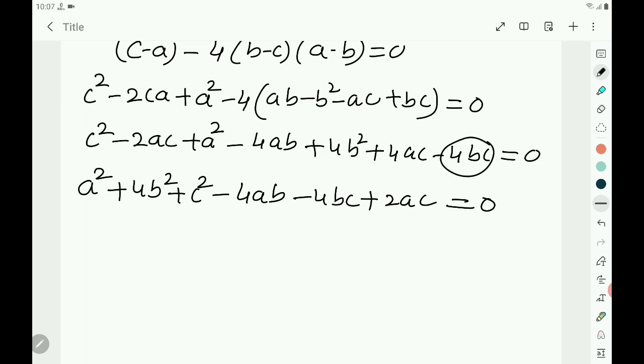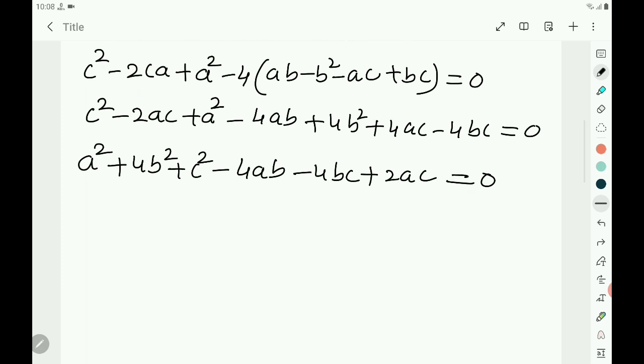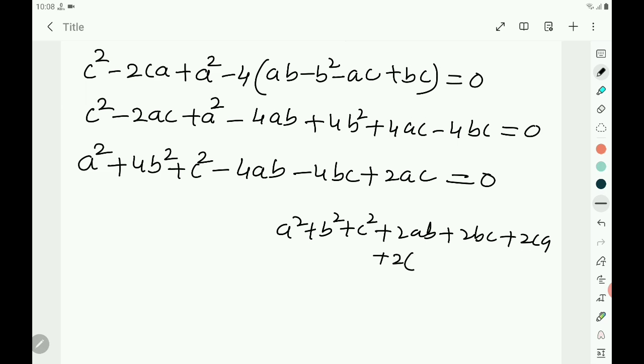Now you got the form a square plus b square plus c square plus 2ab plus 2bc plus 2ca. Here 2ab is 2 into minus 4ab is there.